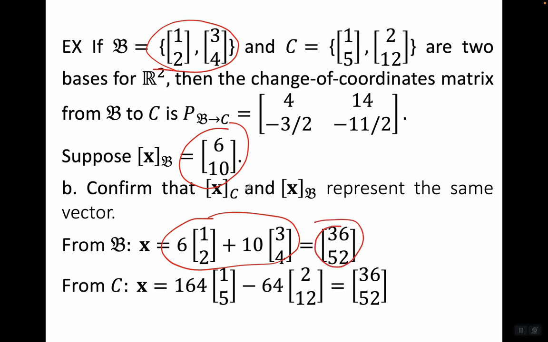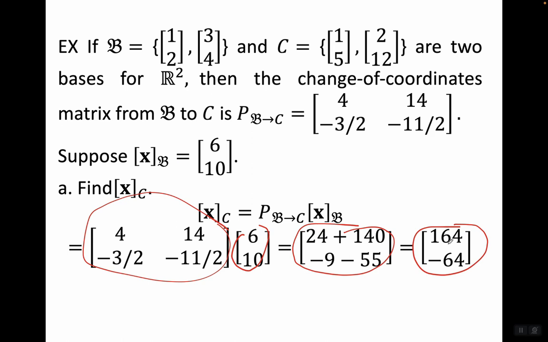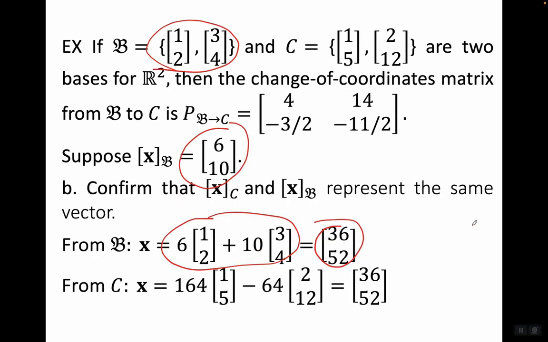And from C, these are the coordinates we saw a moment ago, the coordinates of x relative to C. So x should be 164 times (1, 5) minus 64 times (2, 12). Those are the vectors in the basis C. And you know what? It also works out to be (36, 52). It's great.